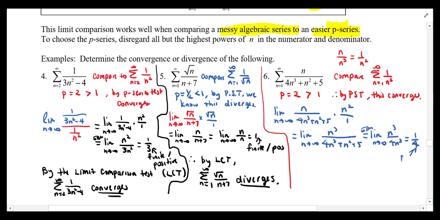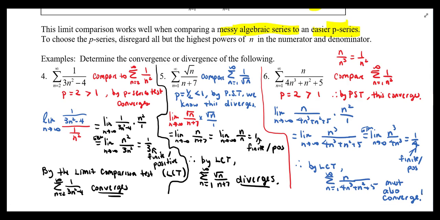I like that. Finite, positive. So therefore, by the limit comparison test, we know that the sum from n equals 1 to infinity of n over 4n cubed plus n squared plus 5 must also converge. Bravo, if you got both of these on your own, you're now an expert at the limit comparison test.